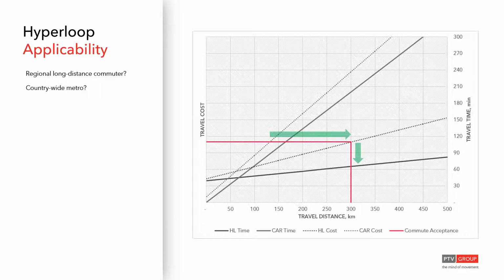This is one of the analyses that we did based on the travel costs, travel distance, and travel time, comparing Hyperloop with traditional private cars. And what we found out is that effectively the commuting distances nowadays may reach all the way up to 120 kilometers or even more in certain countries by car.